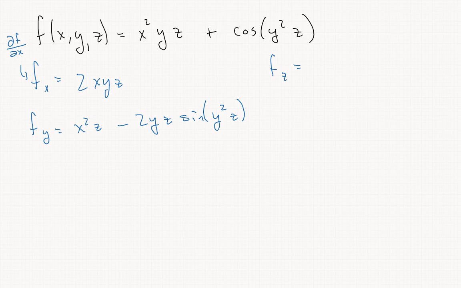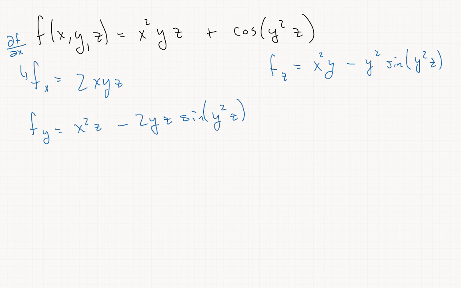and fz will be x squared y minus y squared sine y squared z. Okay, now let's find the second derivative.